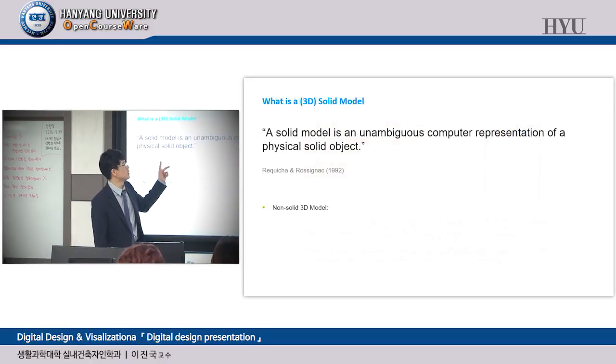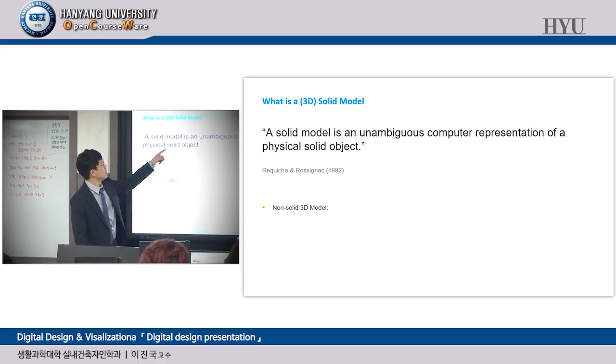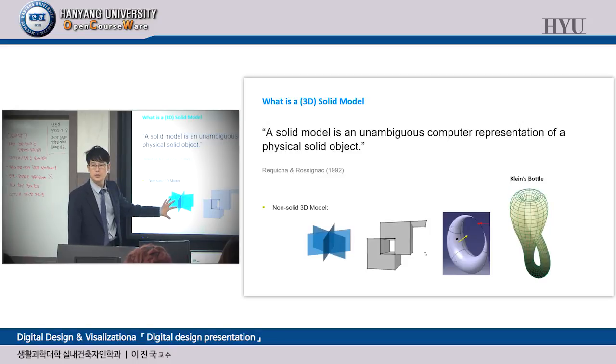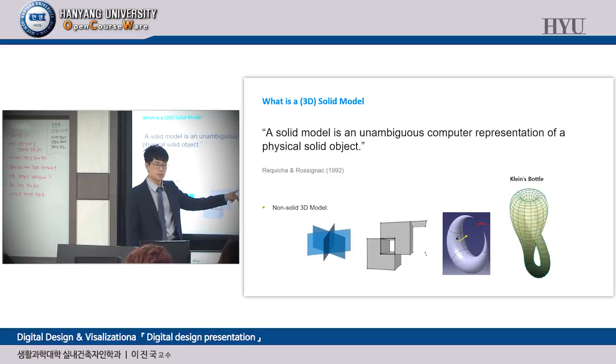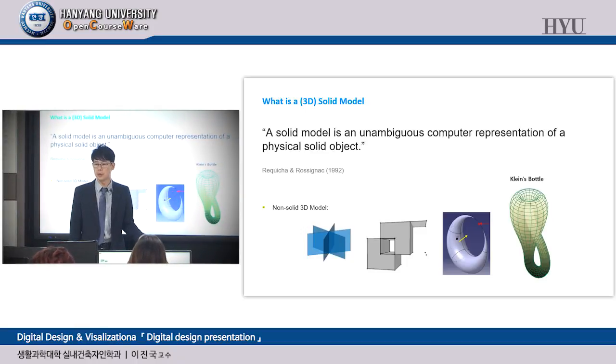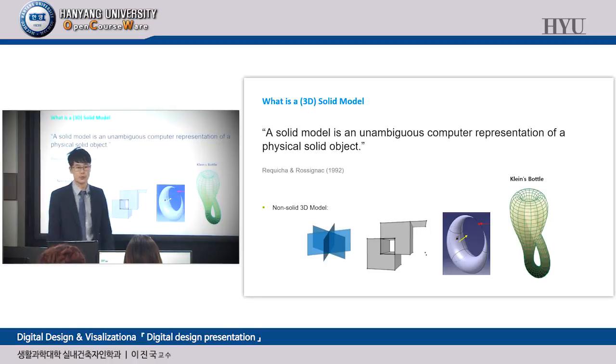But how about this one? Solid model. This is a real-world object, an unambiguous computer representation, which means exactly the same mechanism as a real-world object. So those are non-solid surfaces, a dangling single surface, a line. In the real world, there is no line object. Klein bottle doesn't have inside, outside, okay? 3D version of the Möbius strip, that's what I told you.